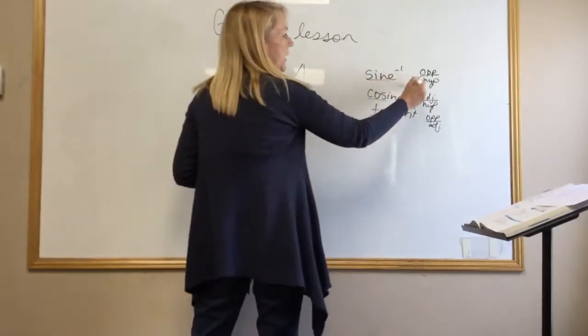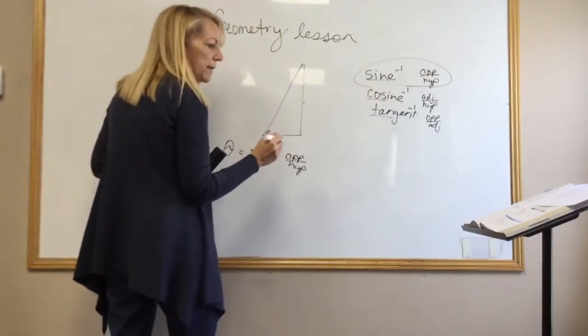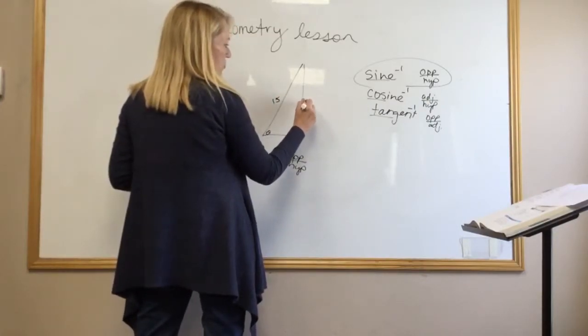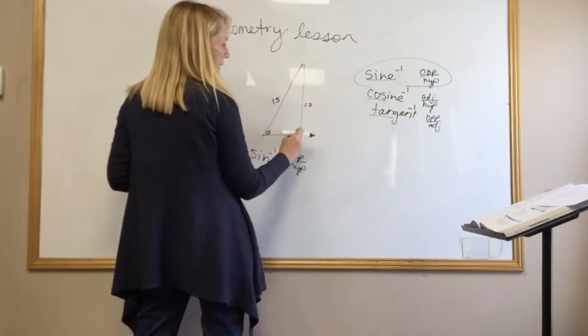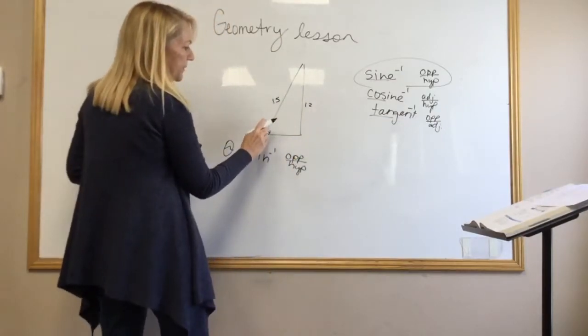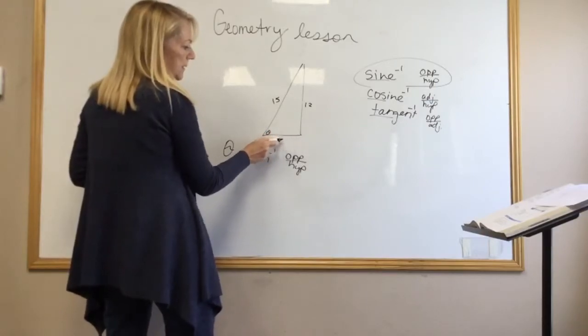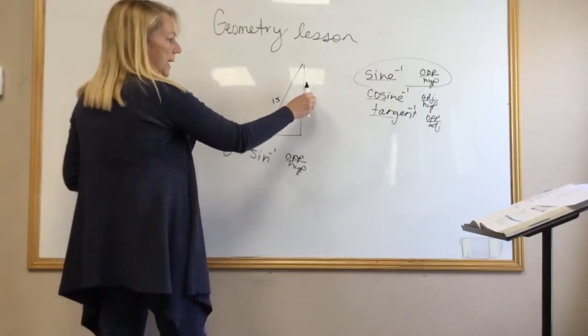See, you can see that from over here. And they gave me the numbers 15 for the hypotenuse and 12 for the side that is opposite of that angle. Opposite means across from. If it was right next to it, it'd be adjacent. That's what they mean by adjacent and opposite.